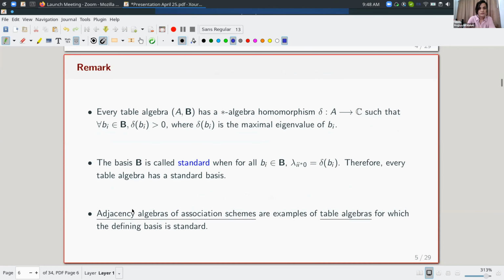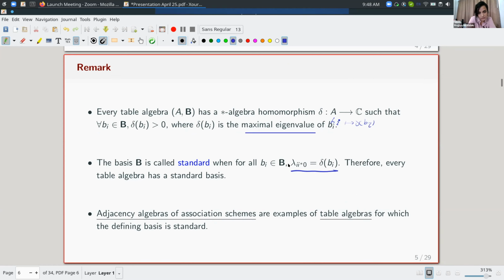Okay, we have some remarks here. First of all, every table algebra has a star algebra homomorphism delta that takes each basis element Bi to delta of Bi, which is in fact the maximum eigenvalue of the matrix Bi. Then we say the basis is standard when for each basis element the degree is in fact lambda i star 0.